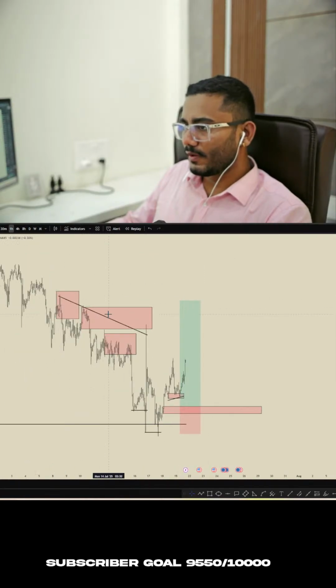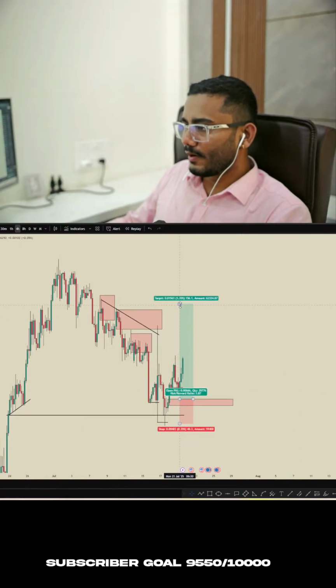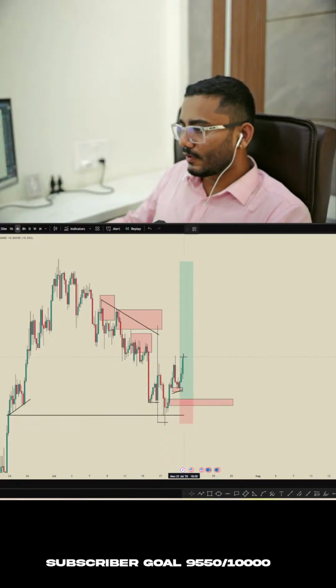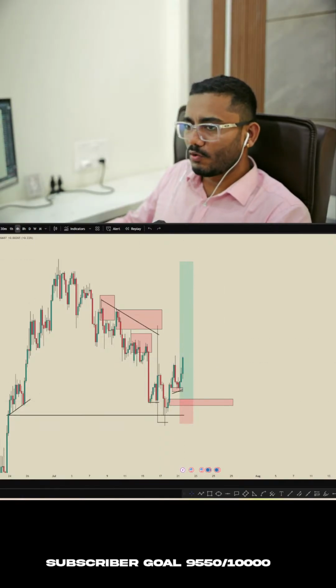Like everything is mitigated, so price does not have any reason to stop at these unmitigated order blocks, because everything is mitigated, and we can look for upside trades. And right now we know that price can, in future, tap this area and then continue the upside. But right now on 4 hour, we know price is going to the upside.